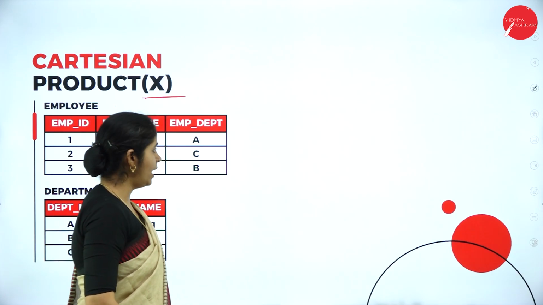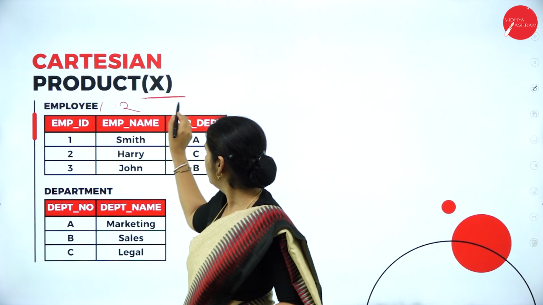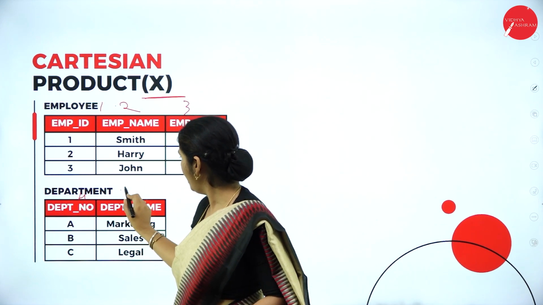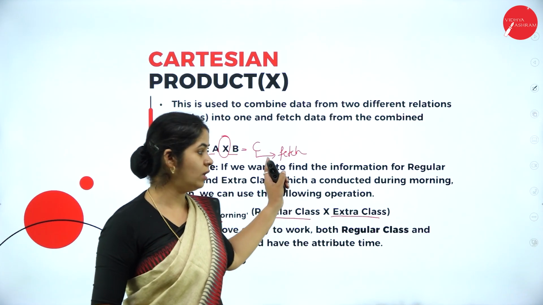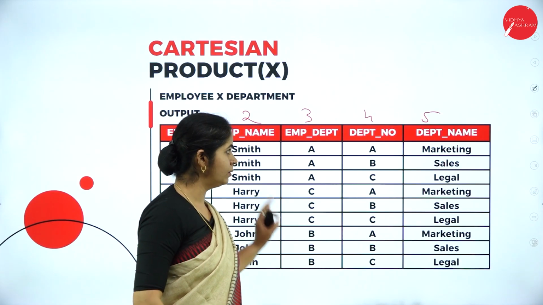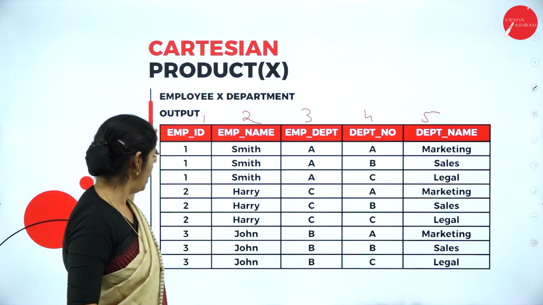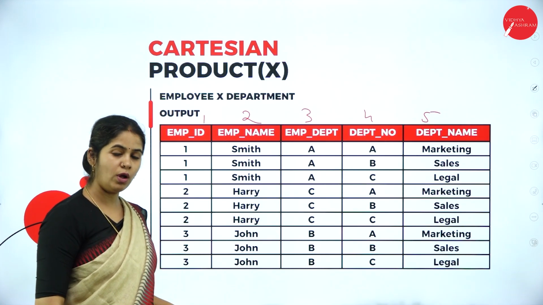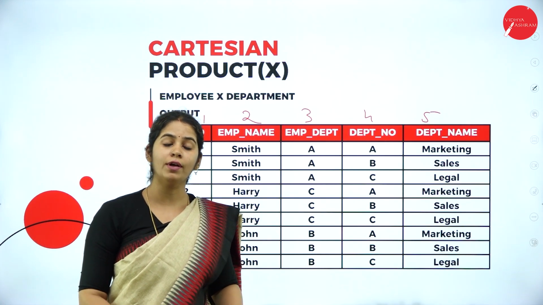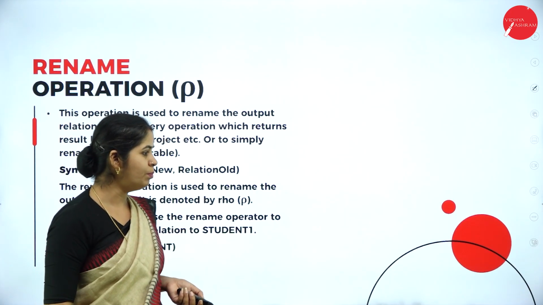In the previous slide you can see the first table has its columns, and all the columns will be put in only one table. That is, all 5 attributes come in a single table. It is a combination of both rows as well as columns. That is called the Cartesian product.